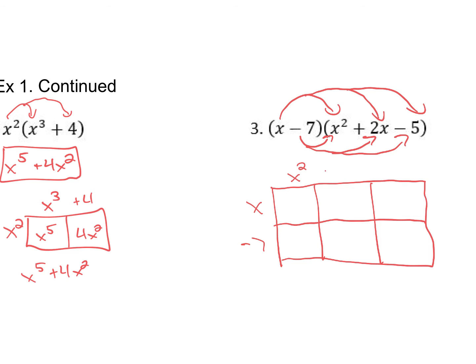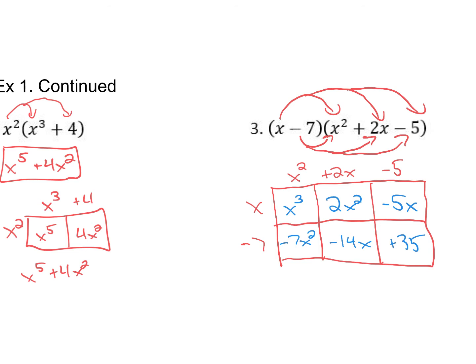So you have the x squared plus 2x minus 5, and it's still the same thing as we distribute: x times x squared, x times 2x, negative 5 times x, negative 7 times x squared, negative 7 times 2x, negative 7 times negative 5.